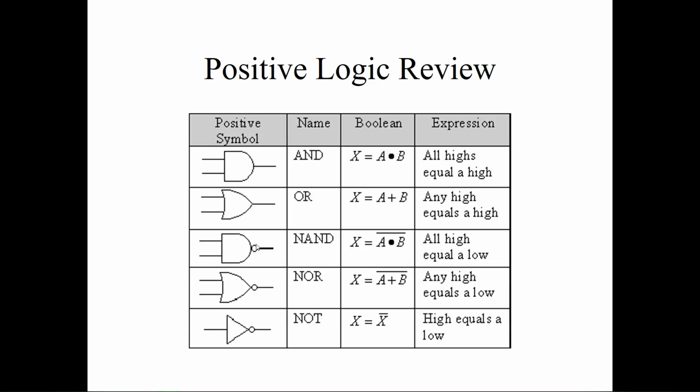NAND. The way we know it's a NAND is because of this little circle right here. Same for NOR, and then for NOT. NOT's kind of the same thing.